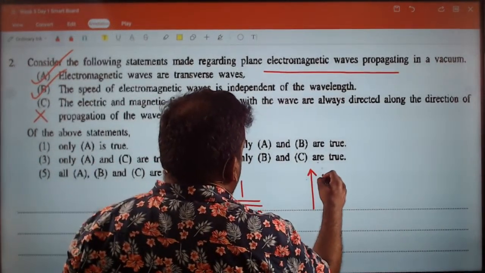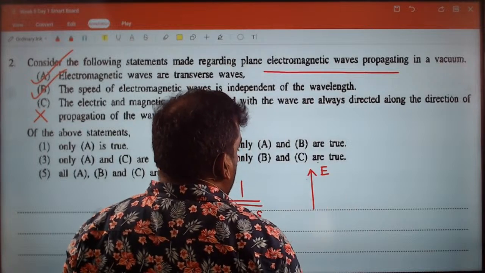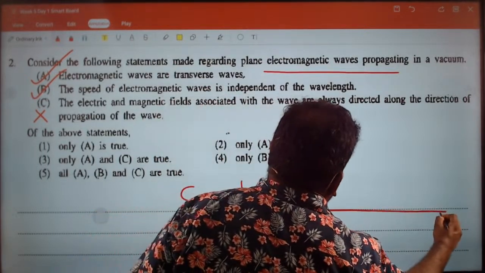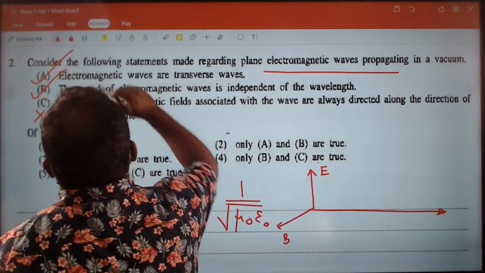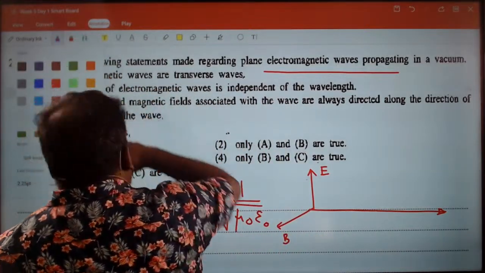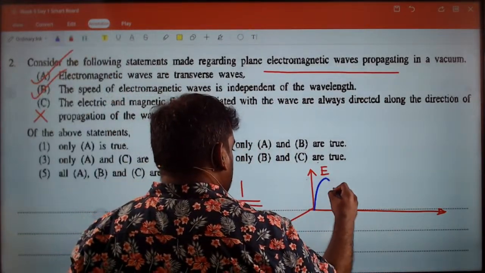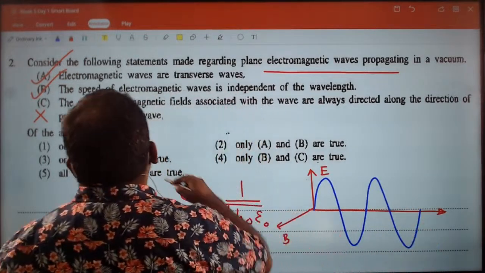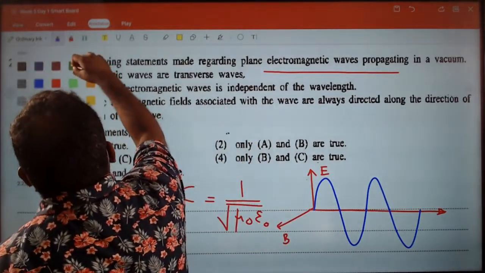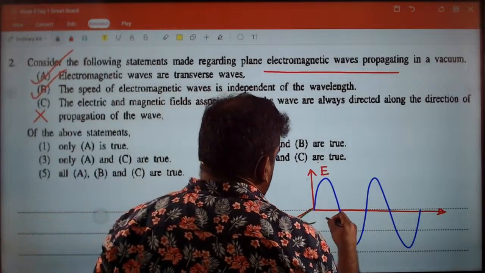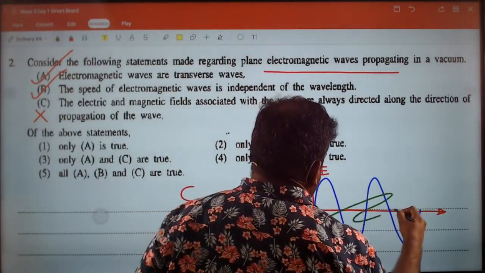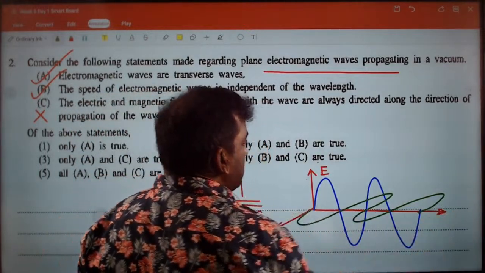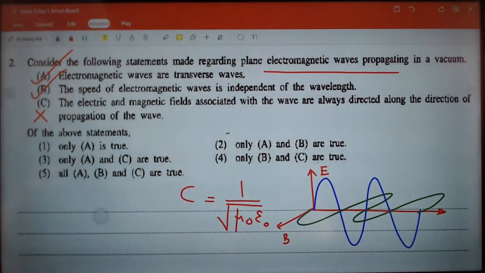So here you have, let's say, the electric field. Here you have the magnetic field. Here you have the propagation. So if I draw this for you separately, the electric field will vibrate perpendicularly, the magnetic field will vibrate perpendicularly to the direction of propagation of the wave.